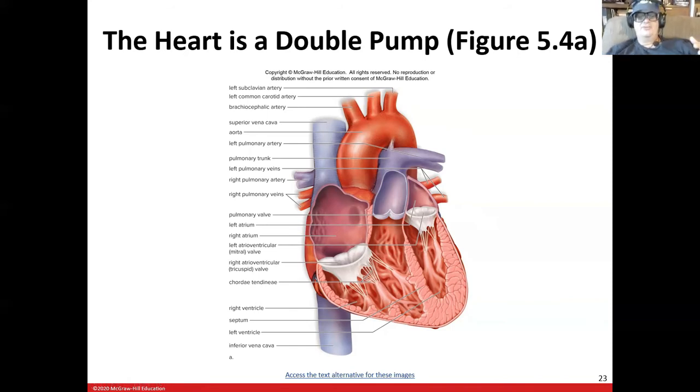The bicuspid is named because it has two cusps. You probably guessed that. But if you think of a bishop's pointy hat in the Catholic Church, that's called a mitre. That's the reason why people called it a mitral valve. Anyway, you have AV valves, like here we have our bicuspid, over here we have our tricuspid. You have semilunar valves that control the flow of blood out of the heart. Let's move on.